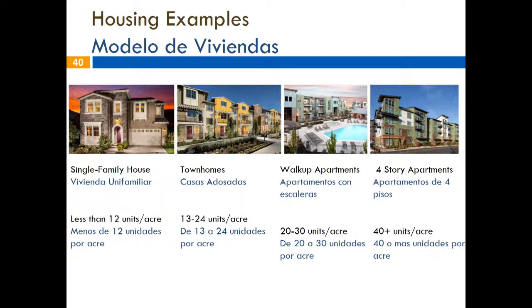This is a state requirement because 20 units per acre generally allows for what are called missing middle housing types, like duplexes, triplexes, courtyard apartments. So multifamily housing, but more like lower density or medium density residential or multifamily housing.